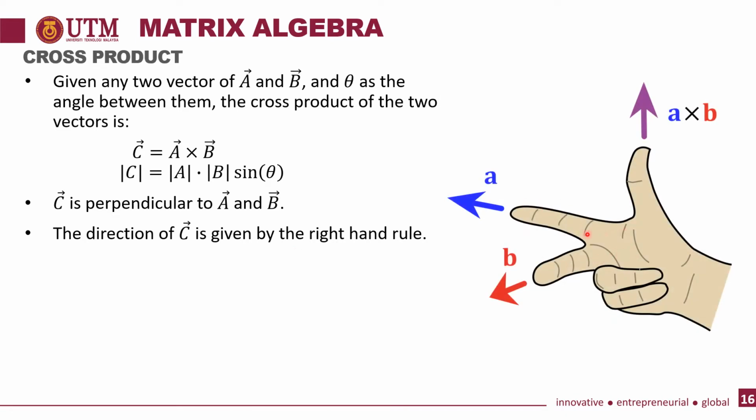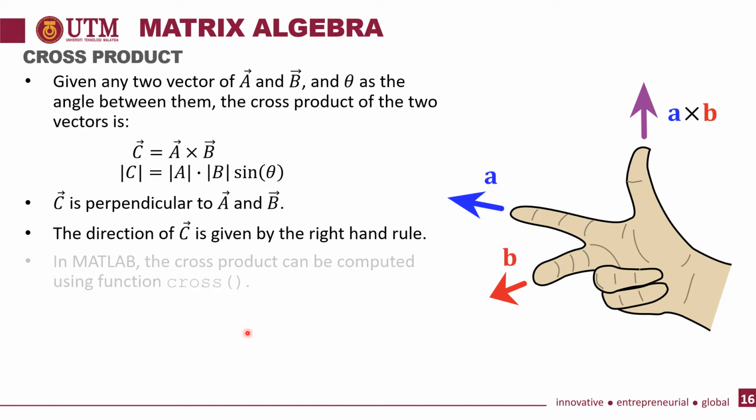You can see here that A is directed towards the front of you, B is directed towards the left, if you are standing straight, and C is the cross product of A cross B. So C is perpendicular to both A and B.